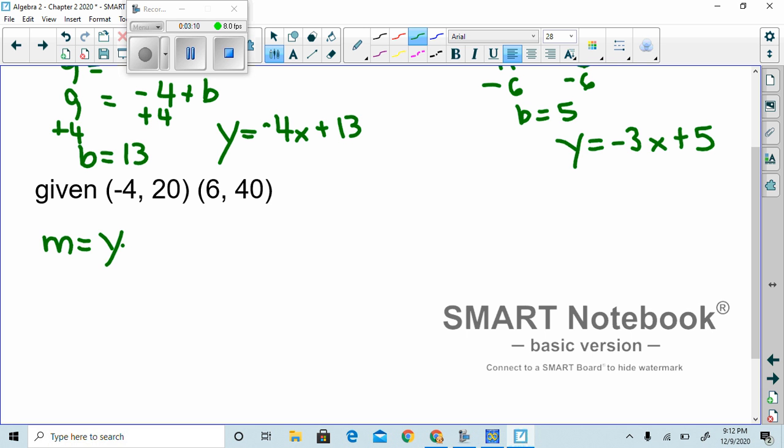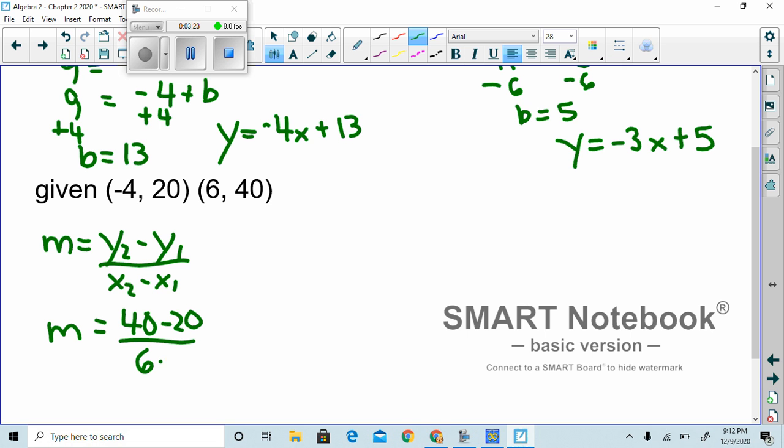Change in y, y2 minus y1 over x2 minus x1. We'll find that we have 40 minus 20 over 6 minus a -4, and that will give us 20 over 10, which is 2. Now we need to find a y-intercept.